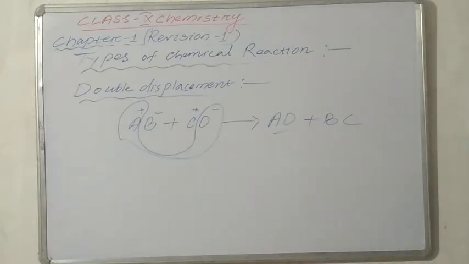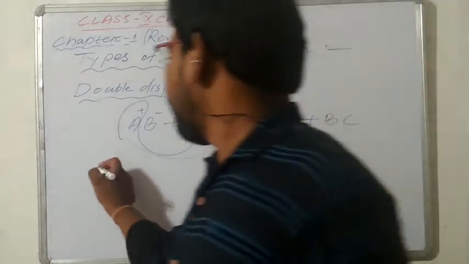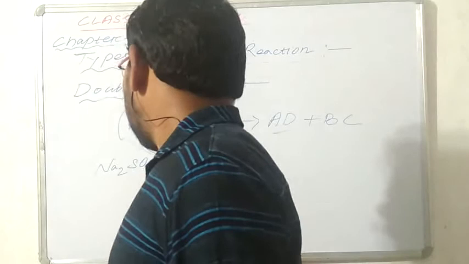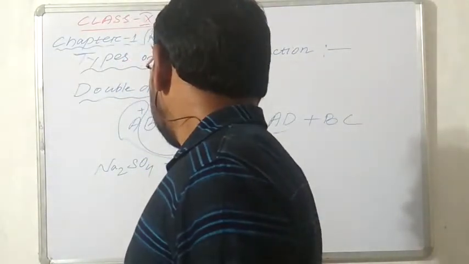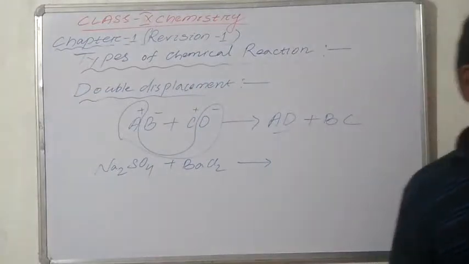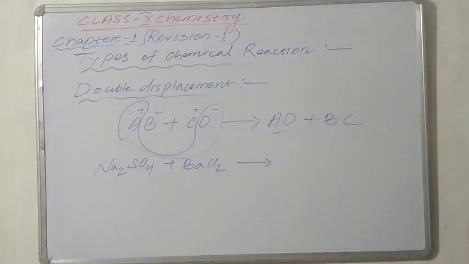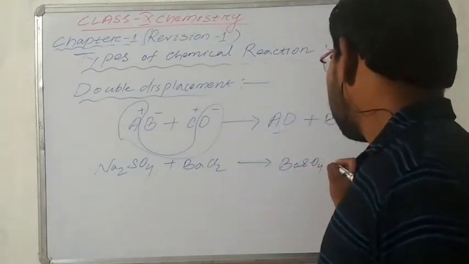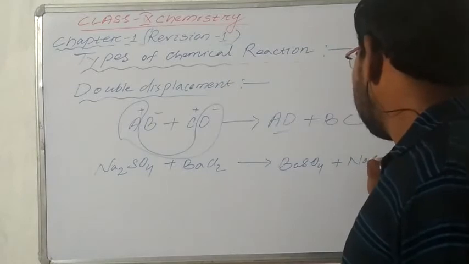Sodium sulfate plus barium chloride, BaCl2. Sodium sulfate reacts with barium chloride to form barium sulfate, BaSO4, plus sodium chloride, NaCl.